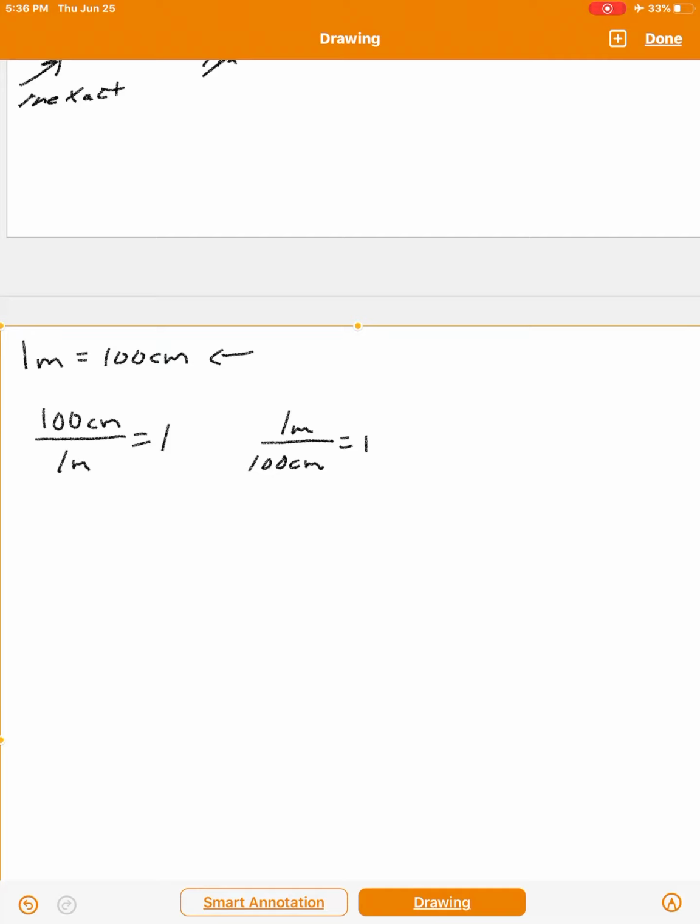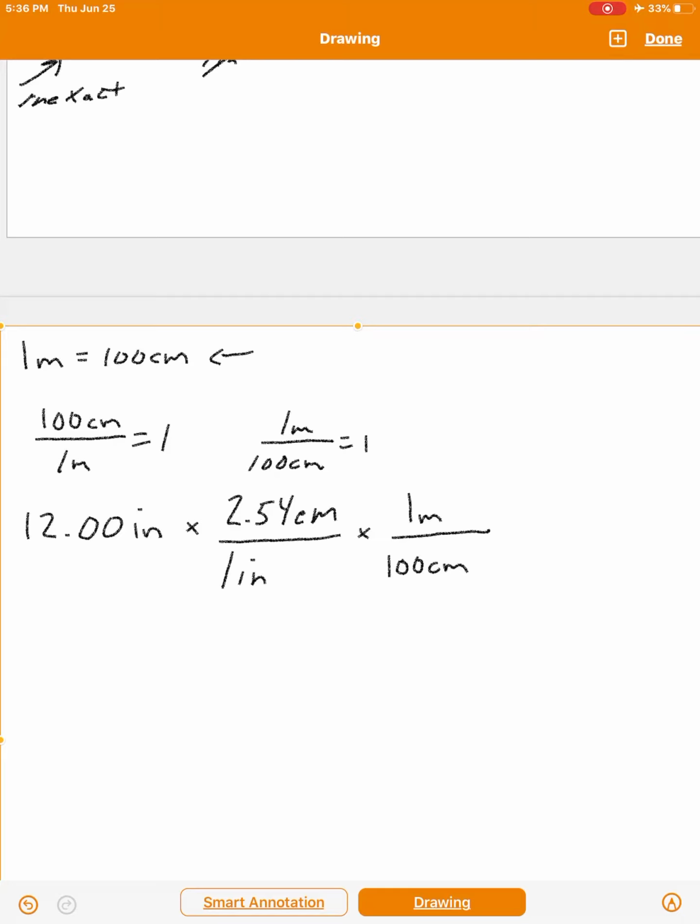We could take our 12 inches. So we're going to go back to the original measurement. 12 inches, that's our original measurement. And then we said, hey, it's 2.54 centimeters per inch. And suppose we want to convert it to meters. 1 meter is 100 centimeters.